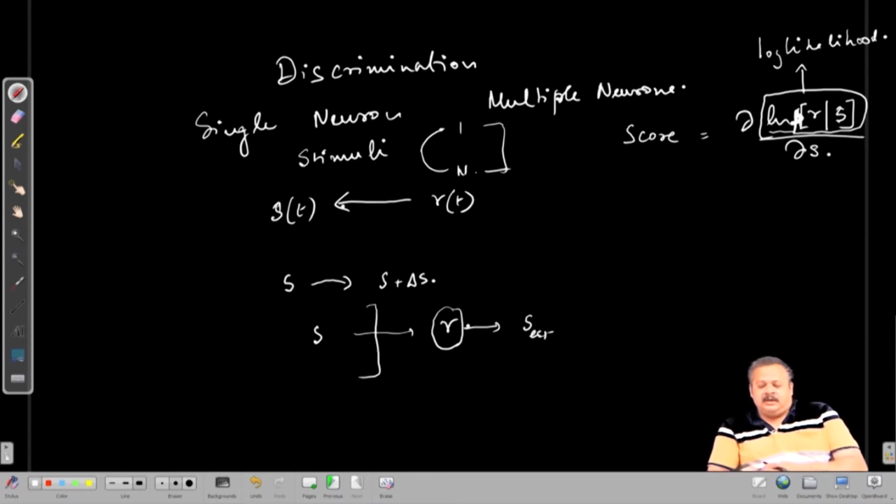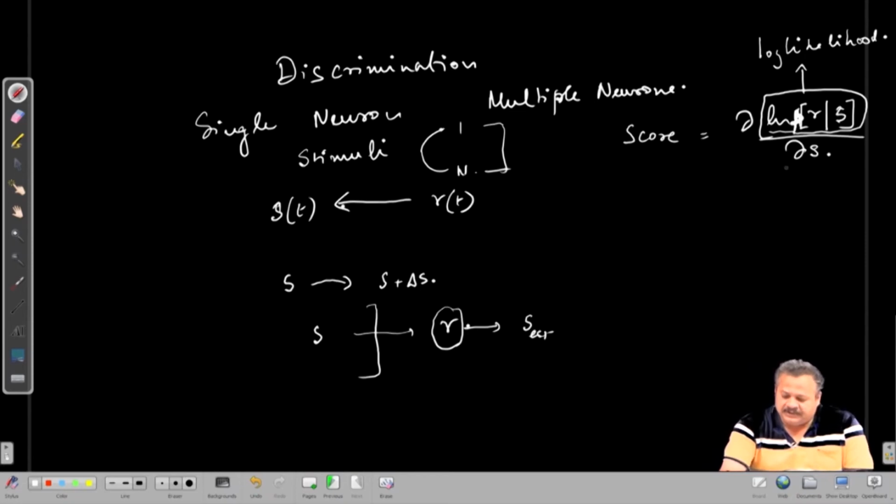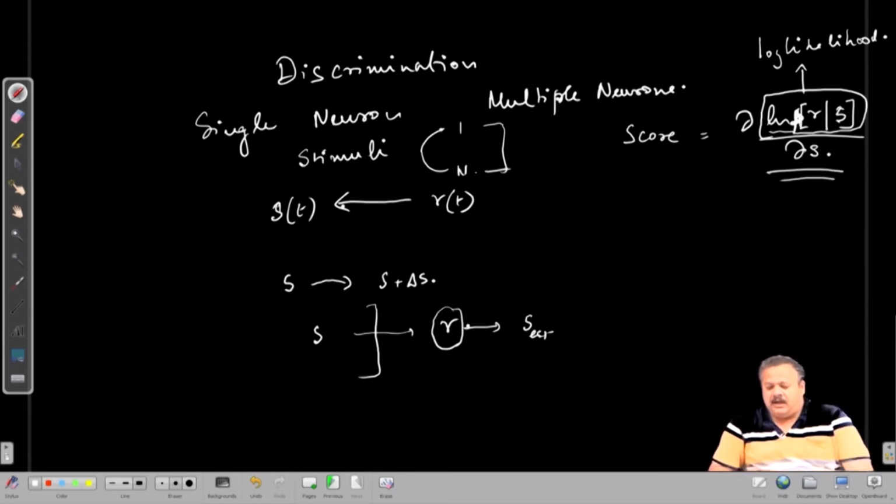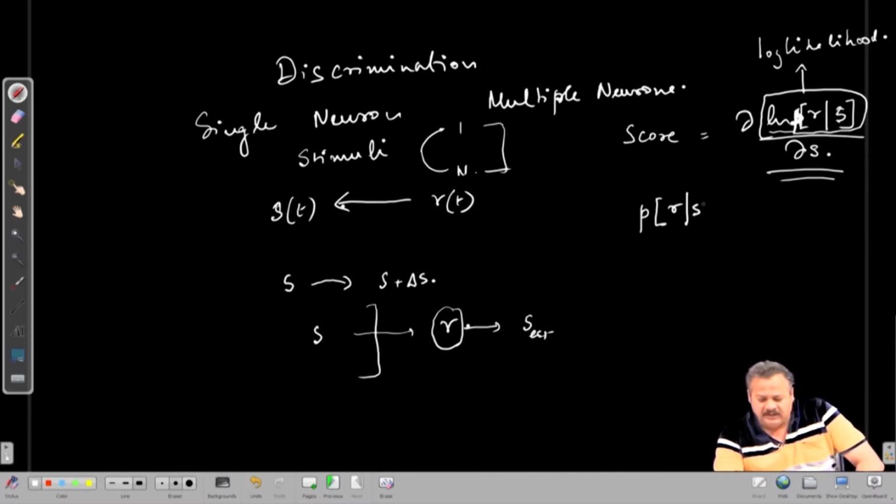And so, based on this idea, we will go further forward, and this score will come back up again in our discussions. So we will be dealing with this probability distribution P(R|S), that is what an experimenter gets.